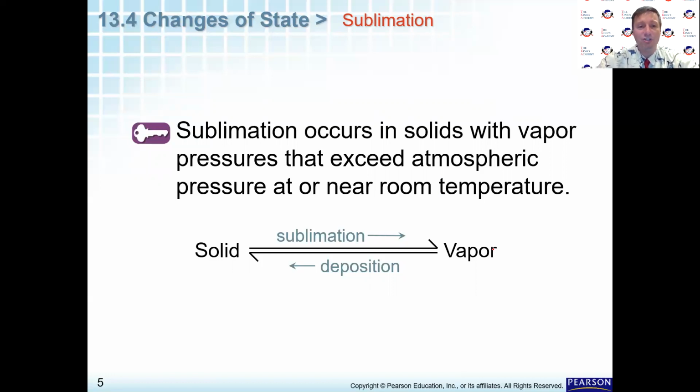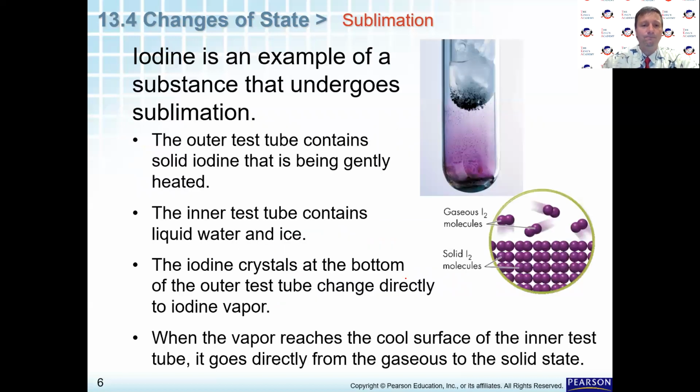So it is in a state of equilibrium: solid to vapor, and some of the vapor is depositing. Deposition is another key word. Going from vapor to solid is deposition, and going from solid to vapor is sublimation.